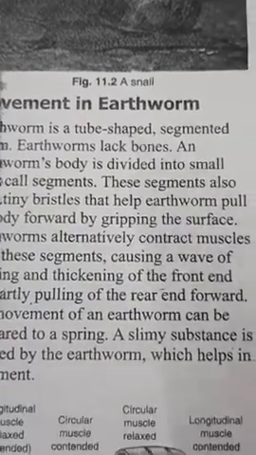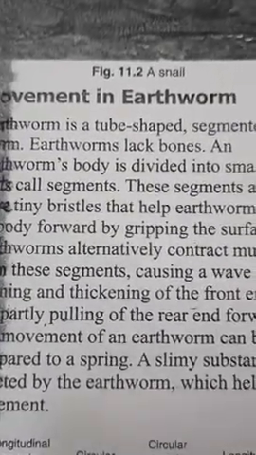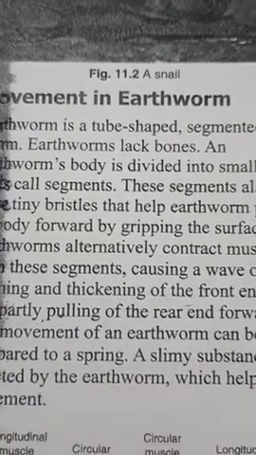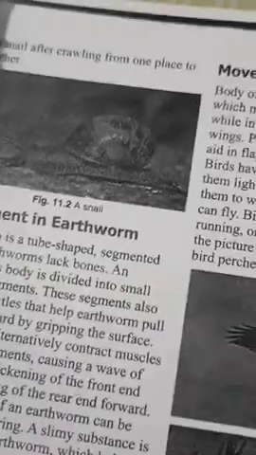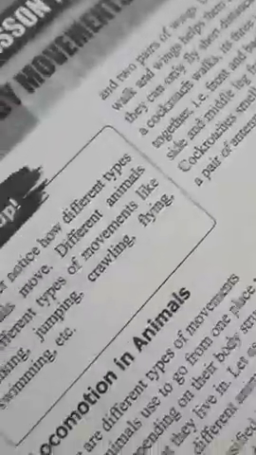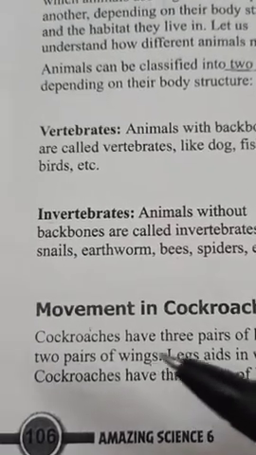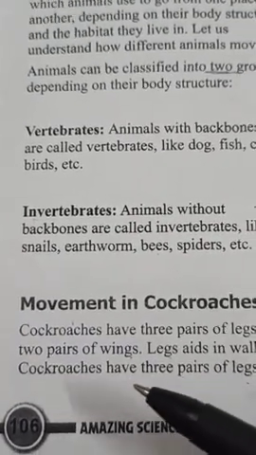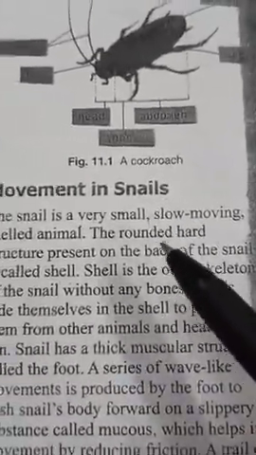So up till now we have studied about the movements in case of invertebrates, because children, in the last class also, we have studied about two invertebrates, means movement in two invertebrates like cockroaches and movement in snails.